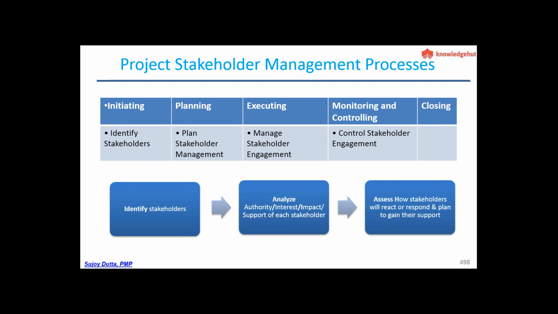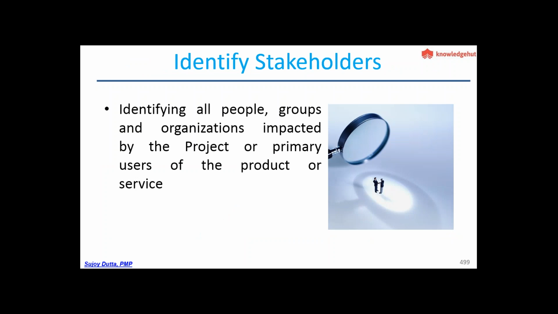In this we analyze each of the stakeholders for authority, interest, and impact. We support each stakeholder, and then we assess how the stakeholders will react or respond and plan to gain their support. Identify stakeholders is the first process that you would do immediately after getting a charter.